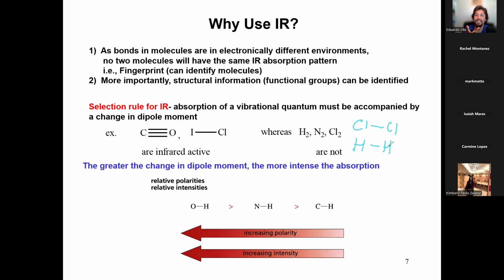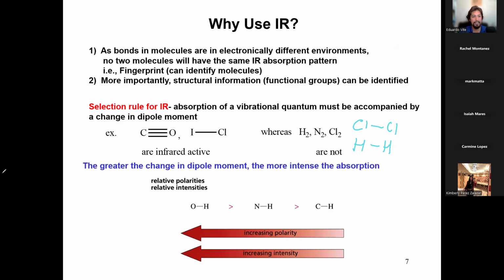So these are not visible. These do not show up in the spectrum that we look at because there's no change in the dipole moment. And if the molecule is symmetrical and it vibrates symmetrically, they will also not show up on the IR spectrum, right? I'll explain more in a bit regarding that. But the main point is there has to be a change in the dipole moment.